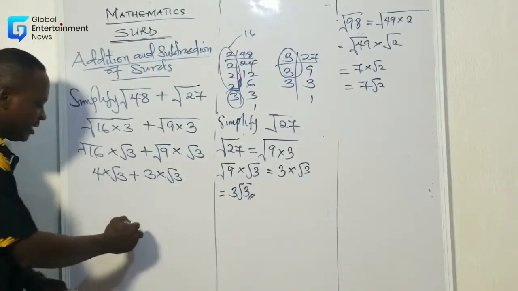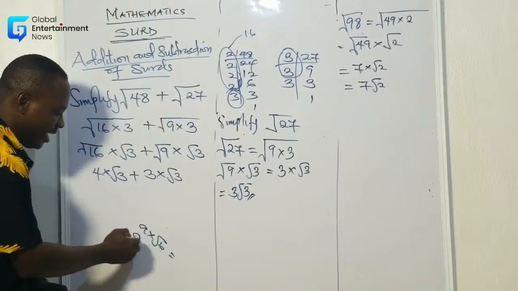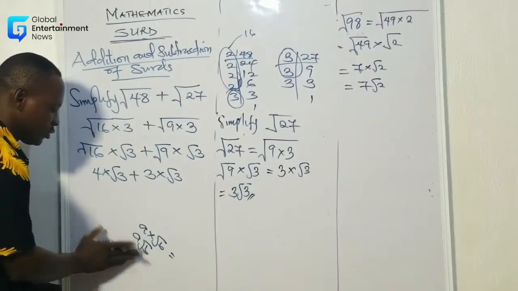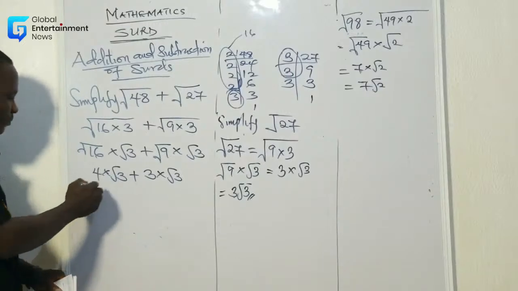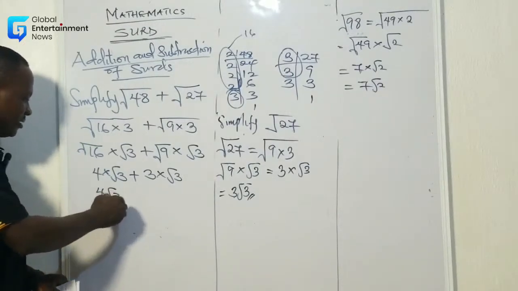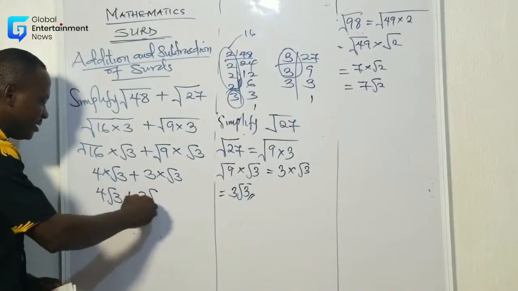Once you multiply, it's just like A times root B will give us A root B. The same thing is applicable here. 4 times root 3 is 4 root 3, plus 3 times root 3 is 3 root 3.